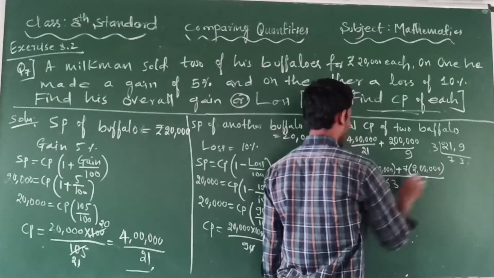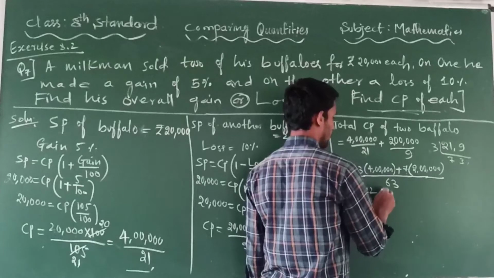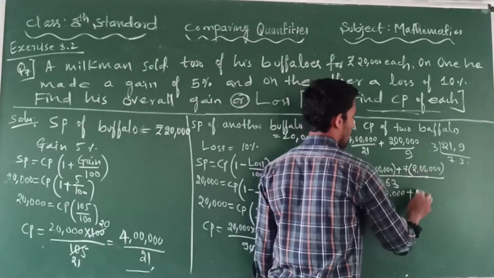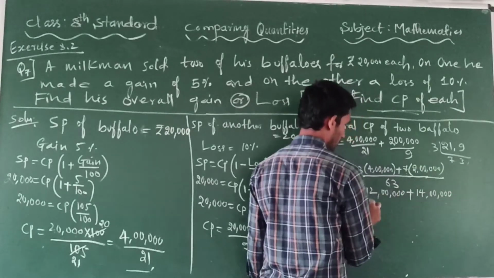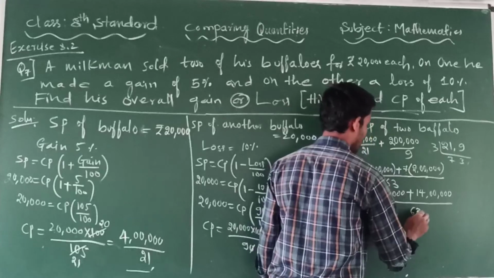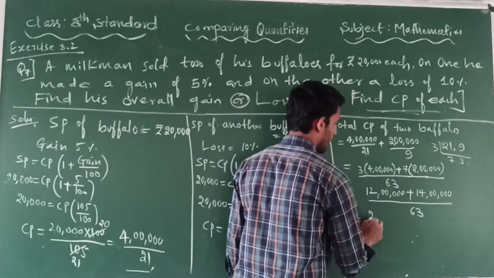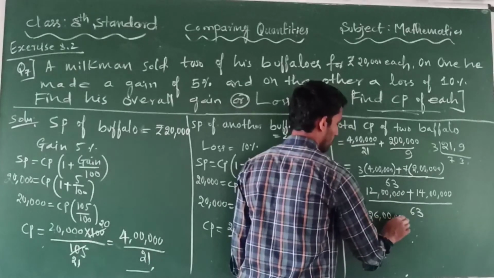Now when you multiply, 12 lakh plus 7 2s are 14 lakh by 63. When you add these two, we get 26 lakh by 63.